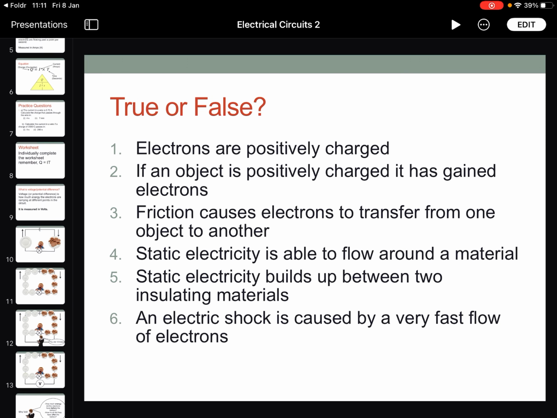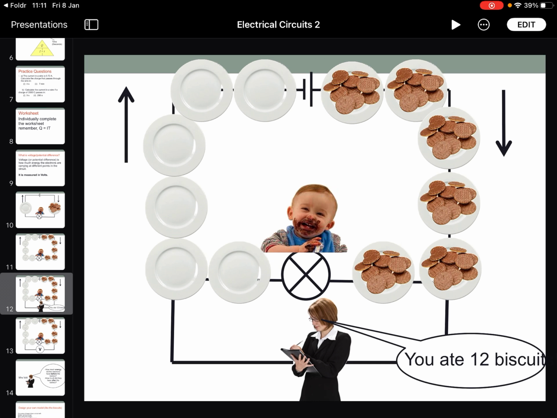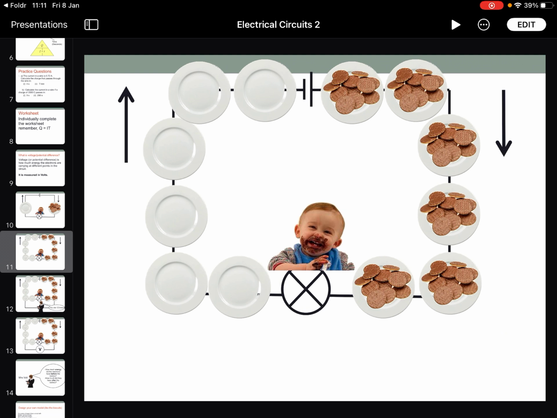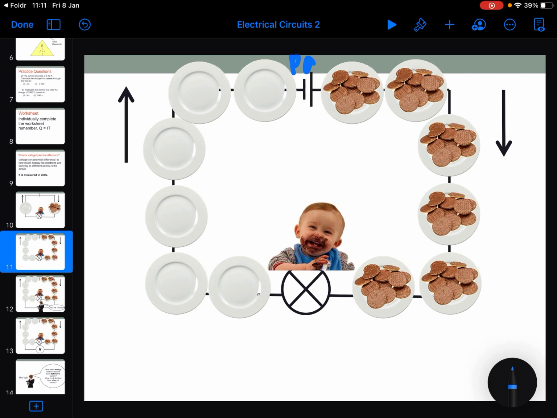So, do you remember this model that you saw before, where you had the cell providing the energy, and this might be the parent, providing biscuits for the baby. The baby was represented by the bulb there, or the bulb was represented by the baby, should I say. The electrons were the plates that were going around the circuit, and the biscuits were representing the energy.